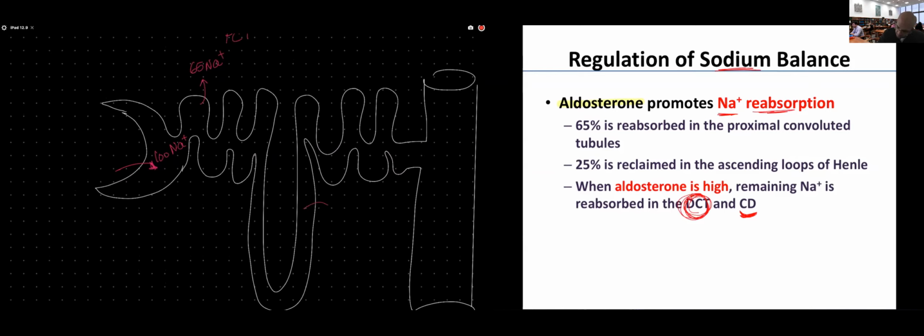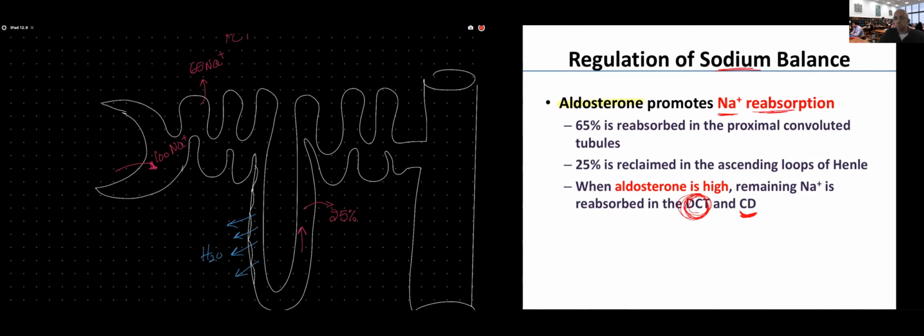25% is going to be reabsorbed back in the ascending limb of the loop of Henle. Remember, the descending limb didn't allow sodium reabsorption. It allowed free water reabsorption, just free water. It is formed by simple squamous epithelium. Only water is going to be traveling here.